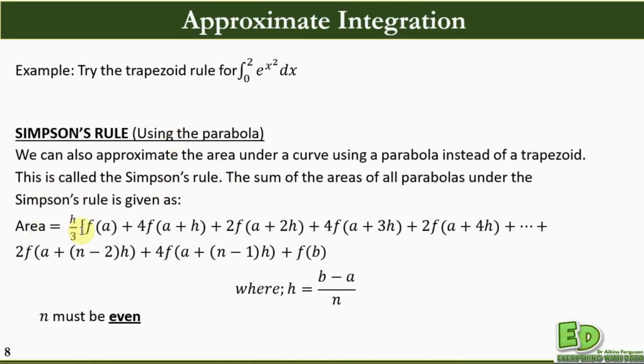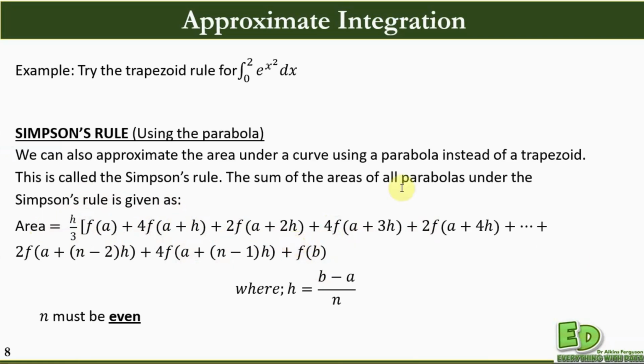The area is h over 3, f of a plus 4f of a plus h, and remember, you keep on adding the width h until we get to the ending point, which is the upper limit. So you see the coefficients are 1, 4, 2, 4, 2, 4, 2, 4, 2, 1.